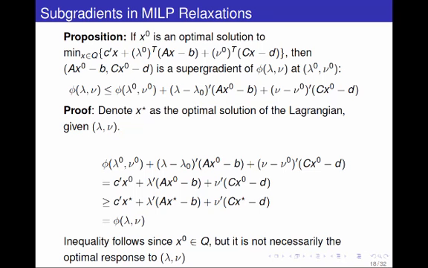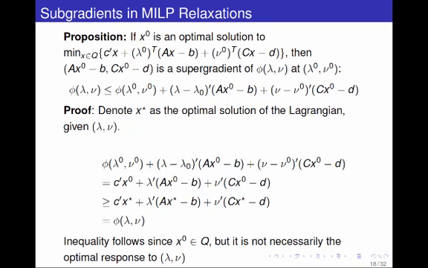This equality here holds from just substituting phi of lambda 0, nu 0 with this stuff with x equals x0, where x0 is the optimal response to lambda 0, nu 0. And then you get a bunch of cancellations, right? So these terms here cancel out with the lambda 0. Those things go away, so you're left with this here by the definition of phi of lambda 0, nu 0.